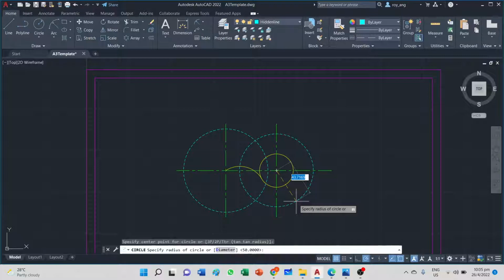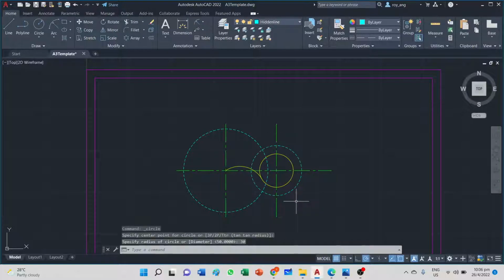And for this radius, because the R50 is tangent to R20 and the tangent point is on the upper hemisphere of the R20, the radius this time, instead of 50 plus 20, we actually have to take 50 minus 20. Okay, 50 minus 20 will be 30. So we enter a value of 30 millimeters. Okay, and that here is the center.